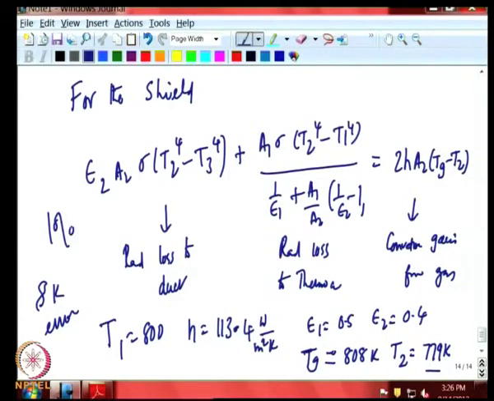So, we reduce the error from almost 25% to 1% by just adding one shield. So, using of shield is a very popular measure in the measurement of temperature, because it drastically reduces the error introduced due to radiative heat transfer.